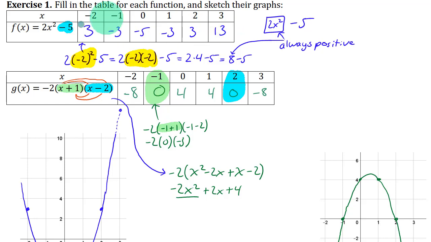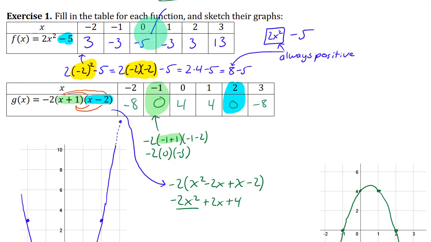And where did that negative 5 show up in the table? Well, when you plug in x equals 0 here to get this result, you did 2 times 0 squared minus 5. And 0 squared is, of course, just 0. 2 times 0 is 0, so that just gives you 0 minus 5, which is negative 5. So the value of c is the result that you get when x is 0.